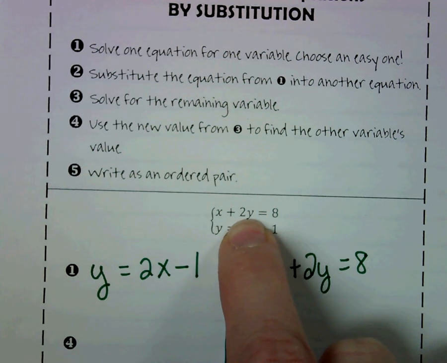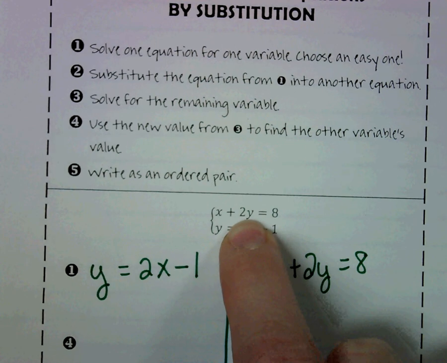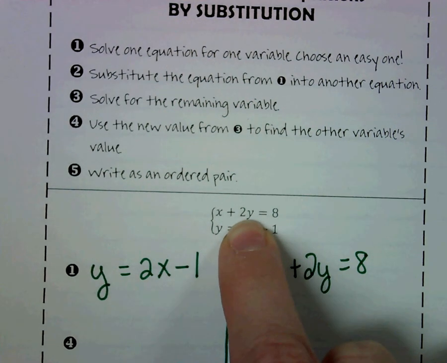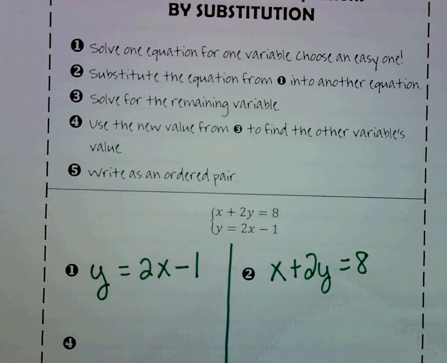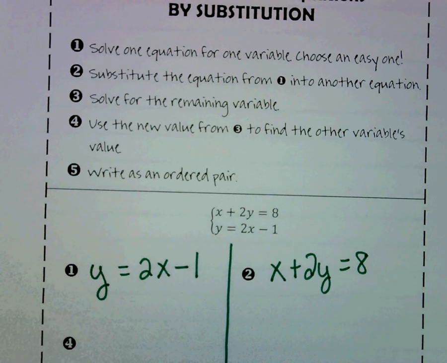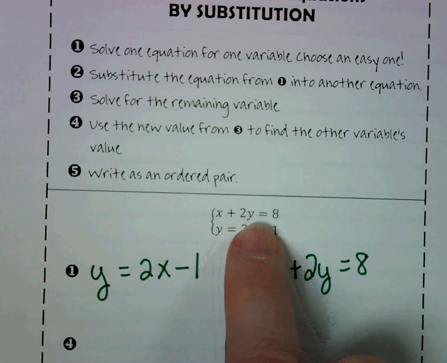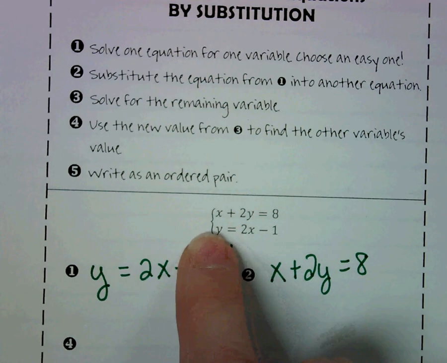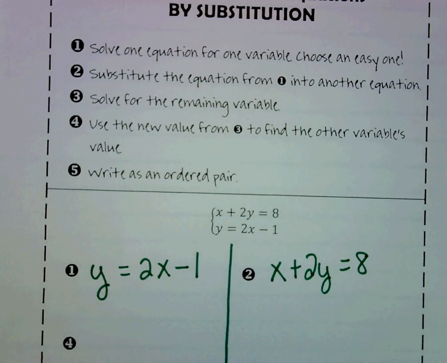If I try to solve for y, I'm going to end up with some fractions. And we know how much we love fractions, right? I'll give you an example in a minute, but if you don't already have a variable solved for, I suggest you pick the variable that has a coefficient of 1. We're going to see later on that if the equations don't have a variable with a coefficient of 1, you might want to use a different method than the substitution method.